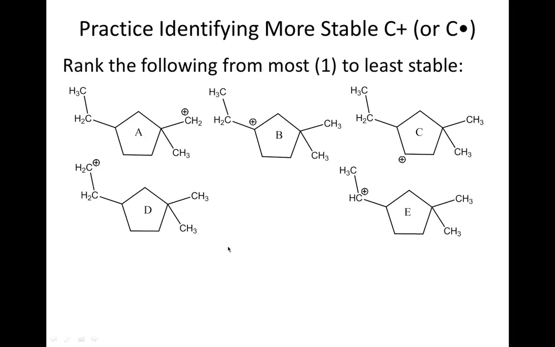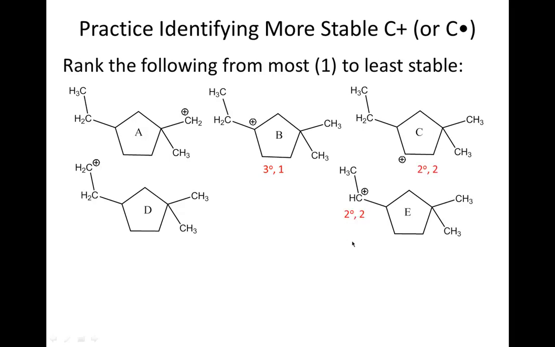So out of all of these, which is the most stable carbocation? And remember the order. So it should be the tertiary one, which is the one in B. And then we choose the next most stable. That was the only one that was tertiary. We had a secondary one here and a secondary one here.